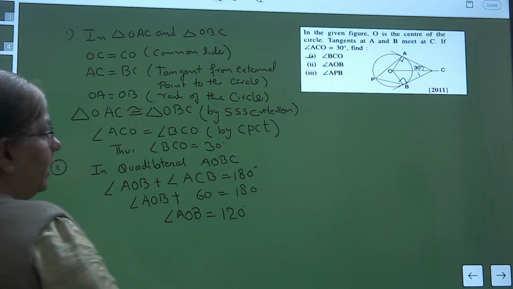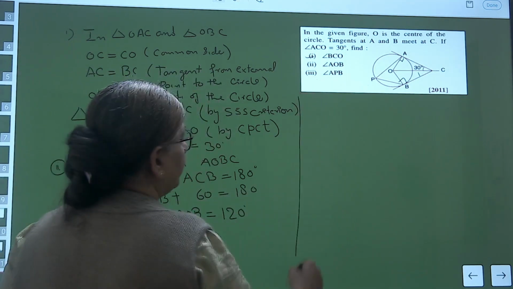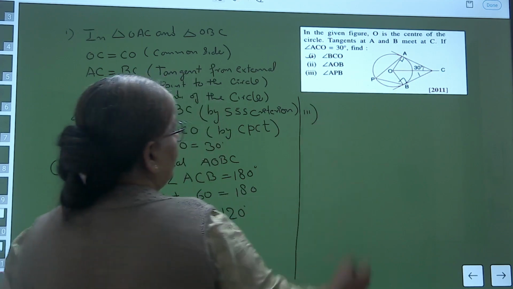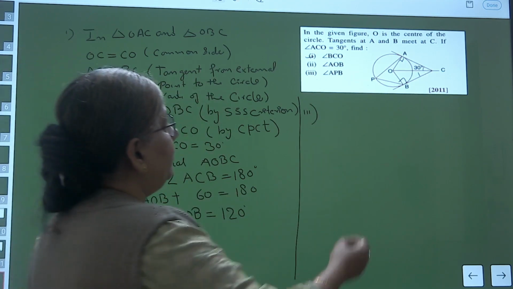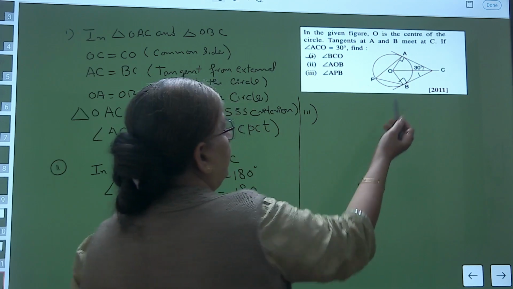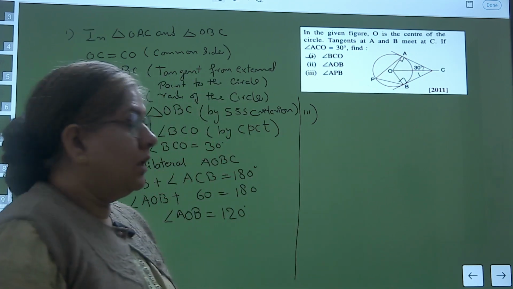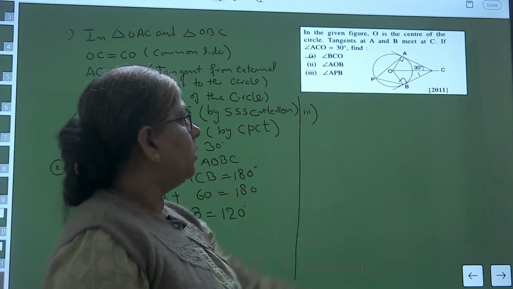Now let's come to the third part. Here we see angle APB and AOB. There is a relation between these two angles.